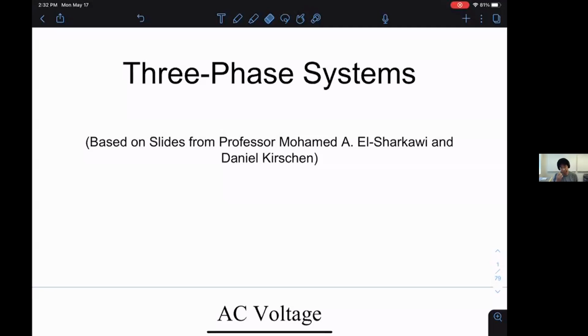So today we're going to start talking about three-phase systems. If you think about where we are in the class, for the last month or so, what we've been talking about was generation technology. We talked about how to generate power from solar, from wind, from hydro.